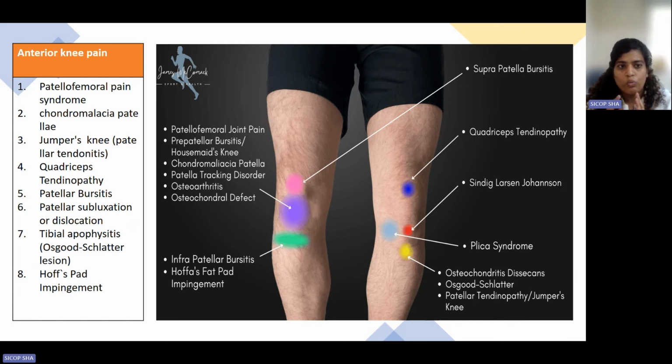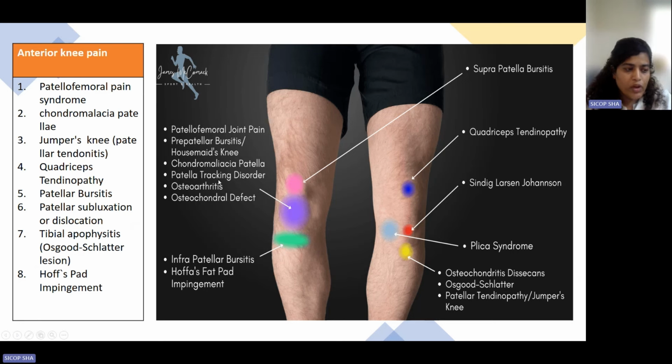We will focus on each compartment of the knee separately so that I can help you narrow down the structures that can be involved.